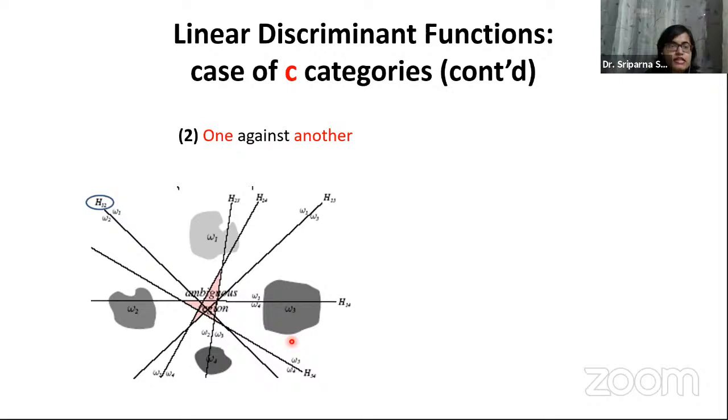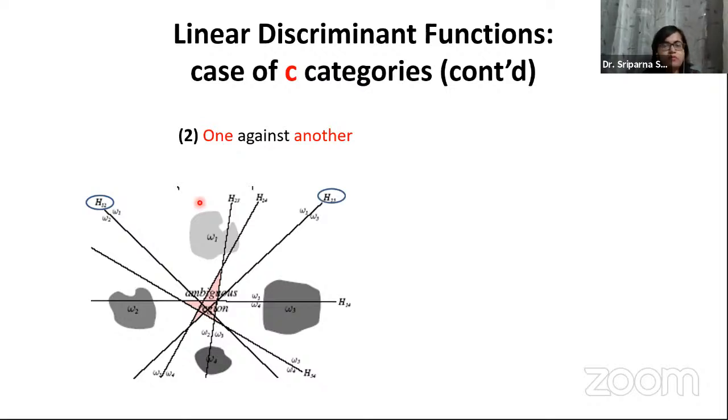So this particular hyperplane will be between H suffix 1, 2. That is the hyperplane that is going to decide between region 1 and region 2. This is region 1, W1, and this is region 2, that is W2. So this hyperplane is going to segregate these two regions of data.